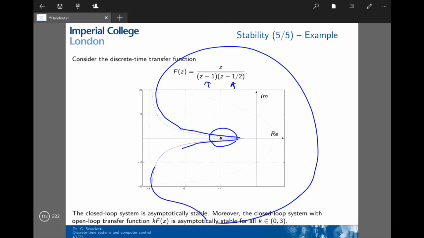And if you have MATLAB, you can use the Nyquist criterion to assess stability instead of using the Routh criterion. So it's important that you know how to use both of them, because especially in continuous time, both of them are very important. Okay. In discrete time, everything becomes more complicated, and we see that the Routh criterion is preferable with respect to the Nyquist criterion because the Nyquist criterion is more difficult.